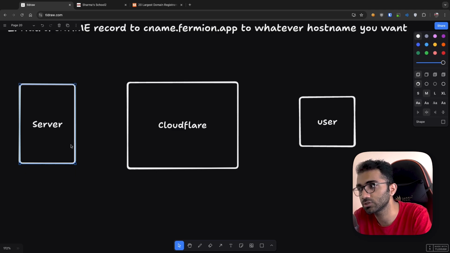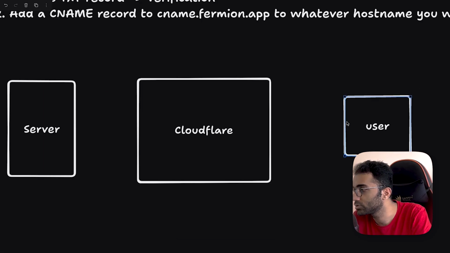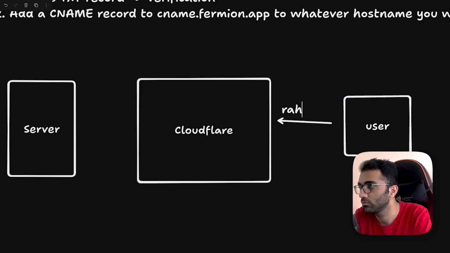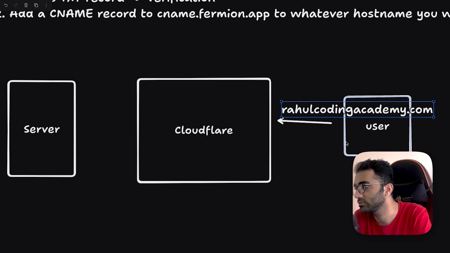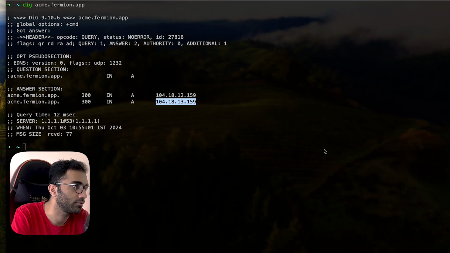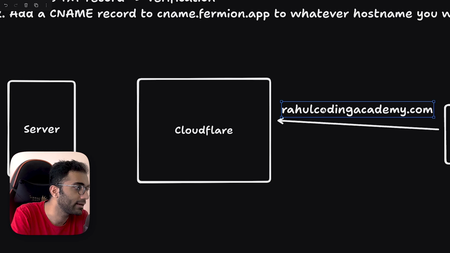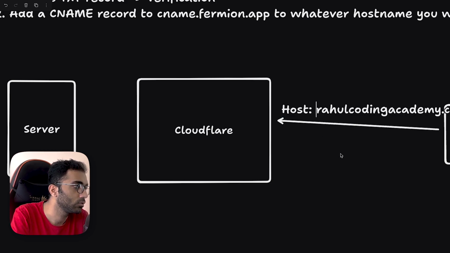It might just be Cloudflare itself if Cloudflare is the origin, or it could be Vercel, which in our case is Vercel. The user says, I want to access rahulcodingacademy.com. The user got the IP address of this domain, asked Cloudflare, and said that the host is Rahul Coding Academy.